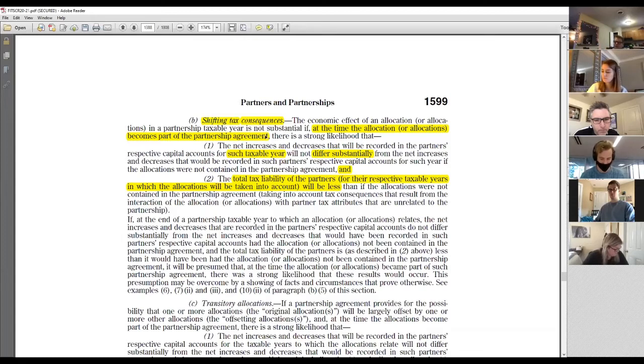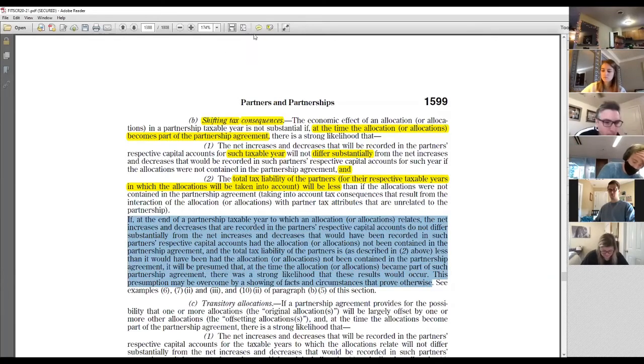We're testing when the allocation becomes part of the partnership agreement. So if it's a prospective amendment of the partnership, let's say on December 31 of year 0, we're amending the partnership allocations for years 1 and 2. We have to put ourselves on December 31 of year 0 and look forward. But we have this hindsight presumption here.